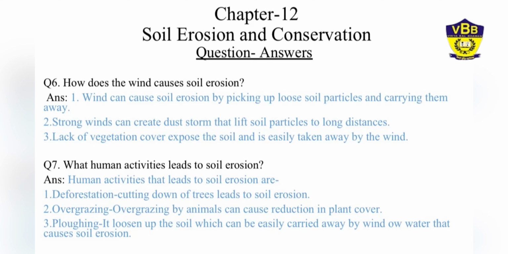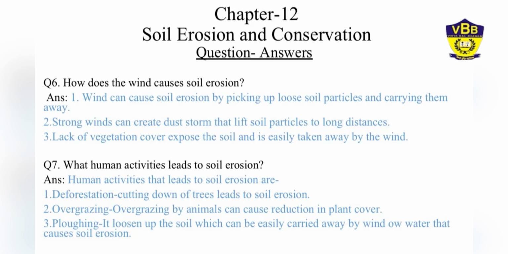Then overgrazing. Lots of people are taking their animals for grazing in the field on a regular basis, which makes the soil loosen up and which is easily carried away by the wind or the water. So overgrazing is also one of the causes of soil erosion. Then plowing. Farmers loosen up the soil so that it gets all the nutrients, air, water, sunlight properly.